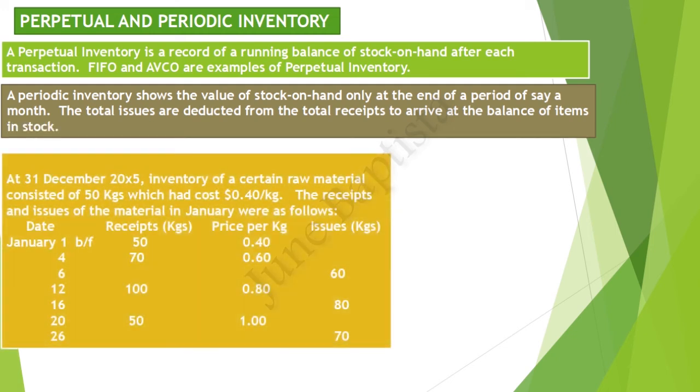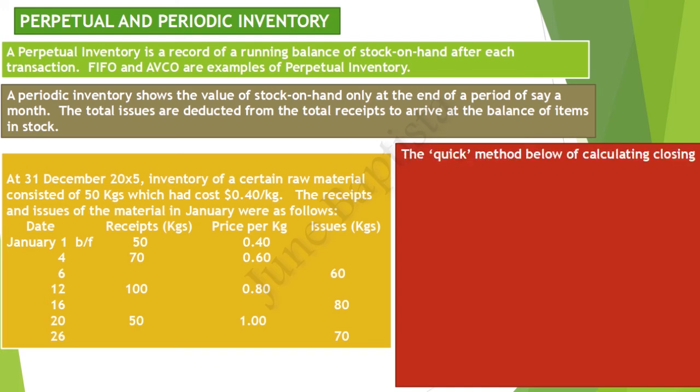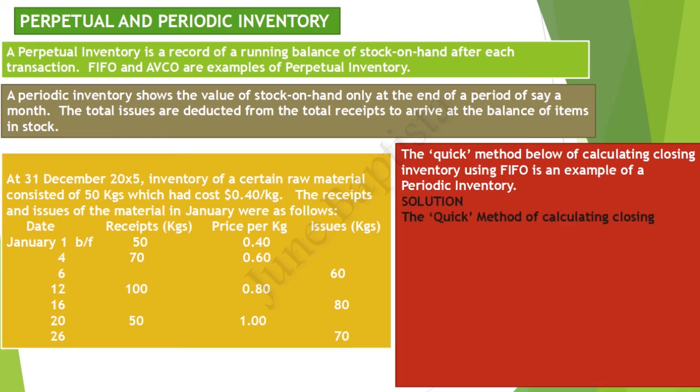We will use the same example that we used in the previous 2 slides. The quick method below of calculating closing inventory using FIFO is an example of a periodic inventory. Solution. The quick method of calculating closing inventory using FIFO and the figures in the exhibit alongside.